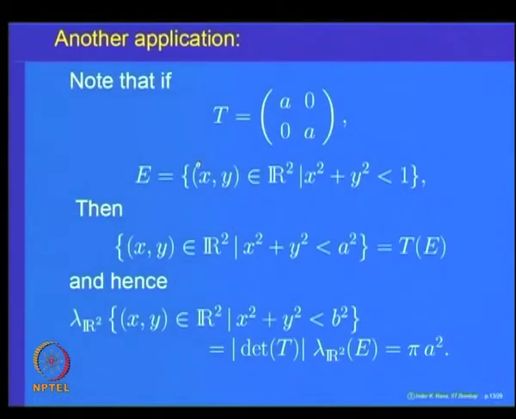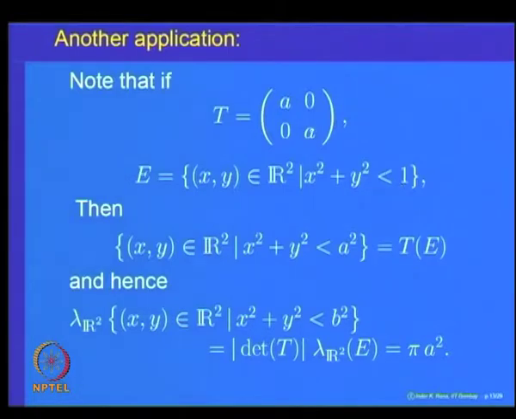So, the first thing is, let us take the linear transformation T, which is diagonal, which is given by a 0 0 a. So, we are looking at the diagonal transformation a 0 0 a, and look at the area enclosed by the unit circle. So, that is E. So, E is the set of all vectors x comma y in R 2 such that x square plus y square is less than 1.